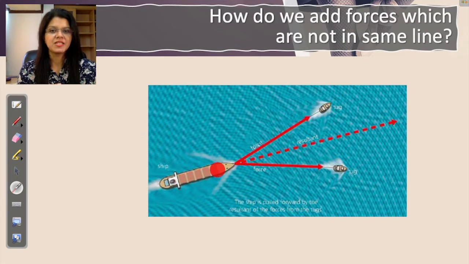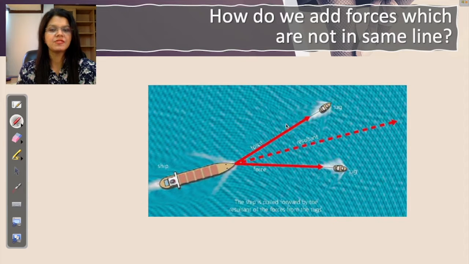So you have a ship. The ship is pulled forward by the resultant of the forces from the tugs. So you have a ship maybe which is not functioning, its engine is down or something. Then you are using two tugboats to pull it ahead. If you see, the two tugboats, they are applying forces in the direction of the red solid arrows, right?